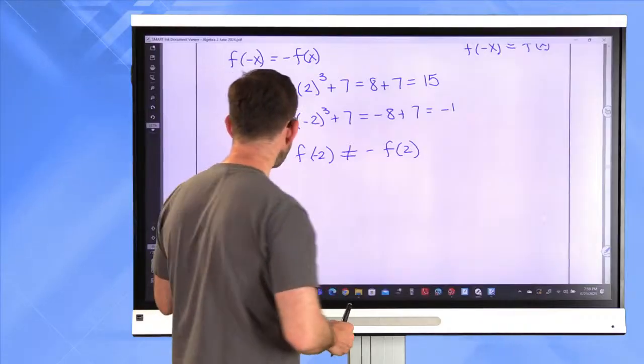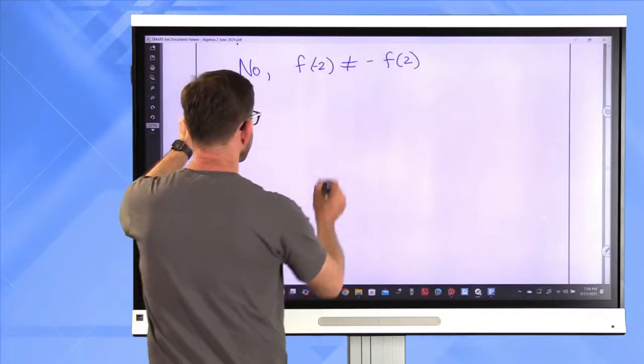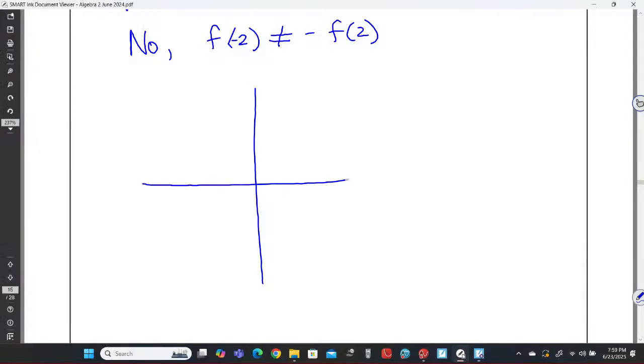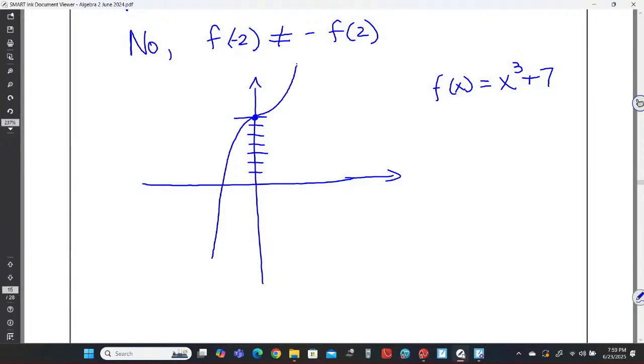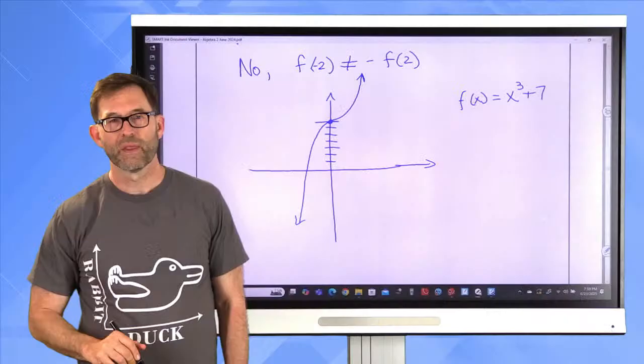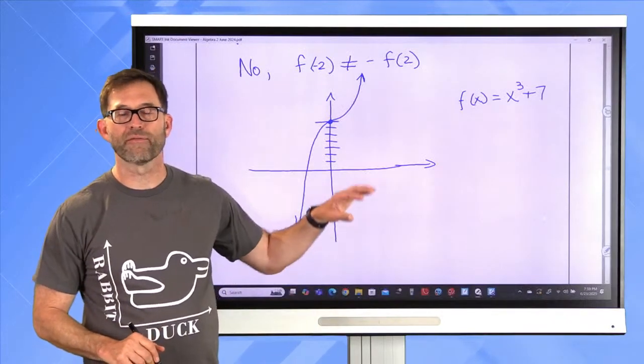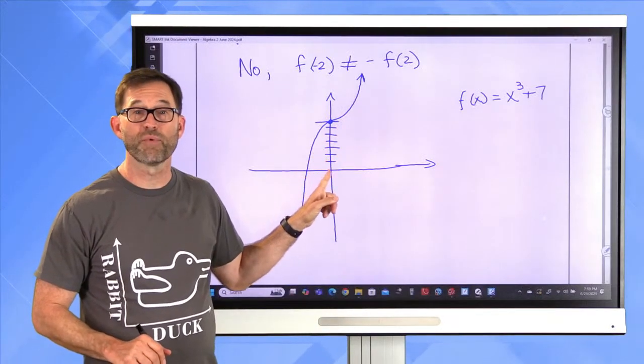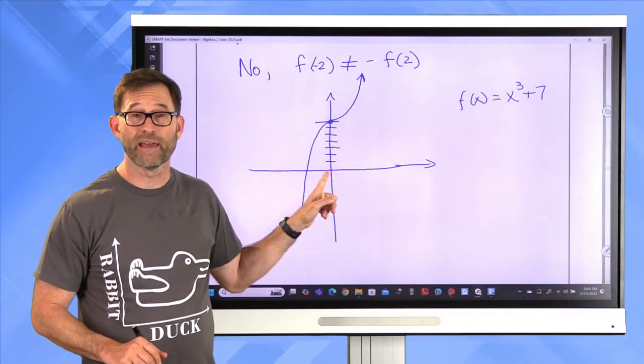So if you actually did a little sketch of this graph, and remember this is the graph of f of x equals x cubed plus 7, you'd see something that looks like this. 1, 2, 3, 4, 5, 6, 7. It would look a lot like this. And that doesn't have symmetry about the origin. In other words, if I took this graph and rotated it about the origin, it wouldn't land on itself.